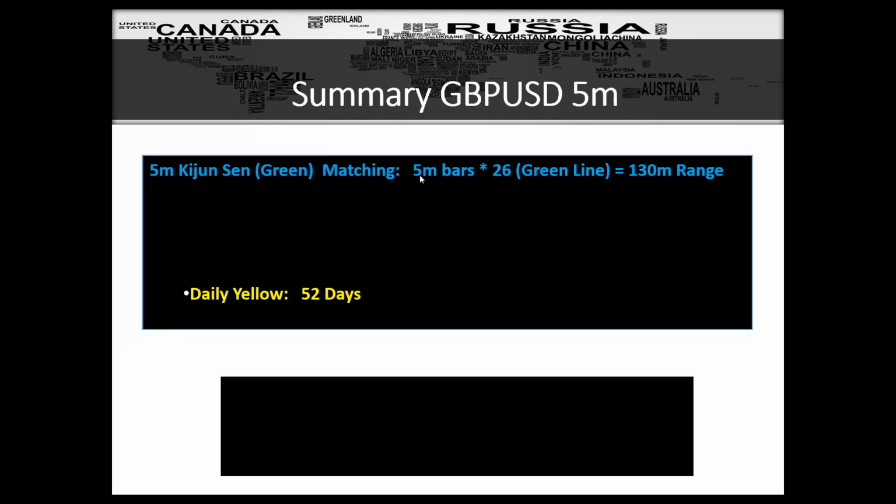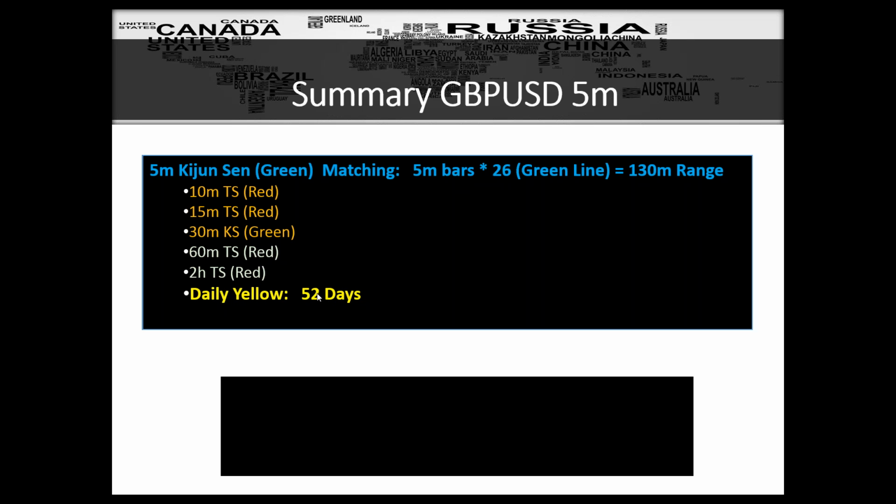Each bar was 5 minutes, so 5 times 26 means that green line represented support for 130 minutes. If you show all the time frame matches here, you can see it matched all the way to the daily time frame with a yellow line. The yellow line represents 52 bars of support. Each bar was a daily time frame, so the support went back for 52 days.